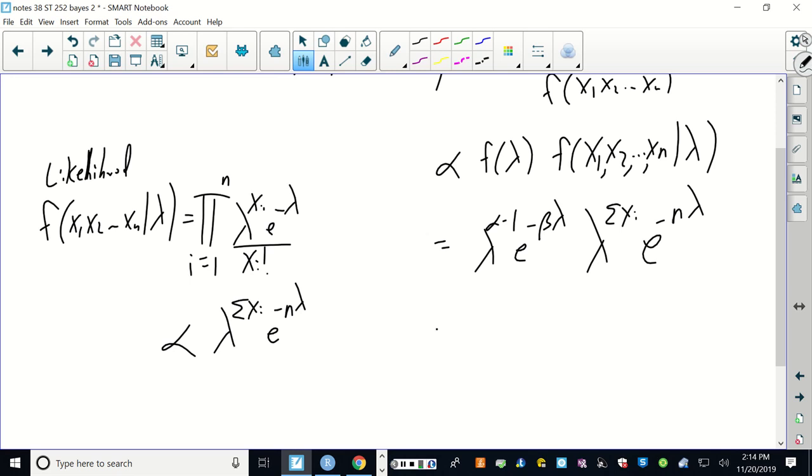So we'll get lambda to the alpha plus the sum of the xi's, minus 1. And then there's e to the negative beta plus n times lambda. Is there a minus 1 in this? Yes, okay. Yeah, the lambda to alpha minus 1.